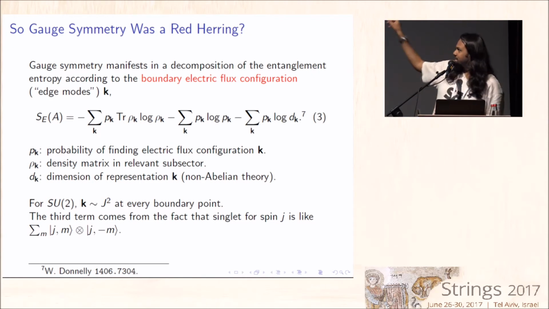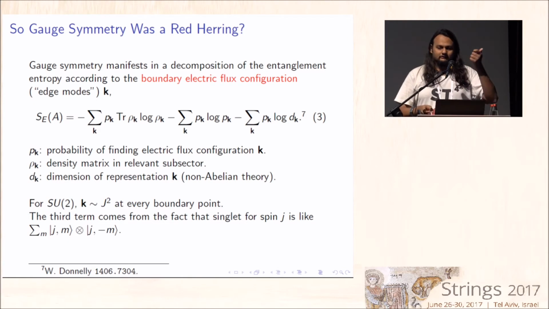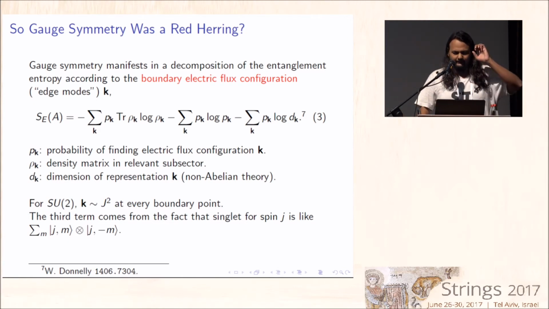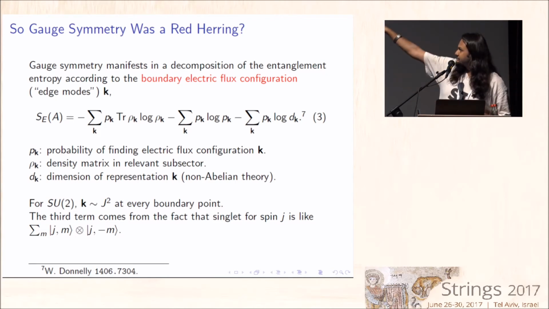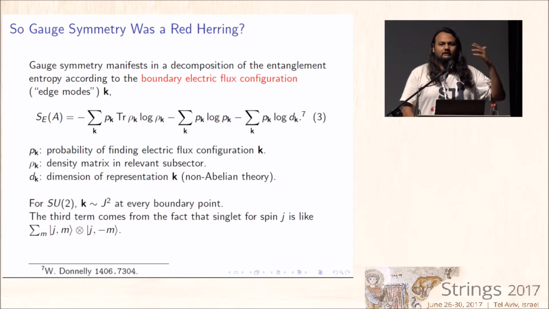One is this pk log pk term, which is in the middle, which comes from the fact that measurements of this electric field on the inside and the outside are perfectly correlated. The first term, the pk trace rho k log rho k term, is the average of the entanglements in each k subsector.